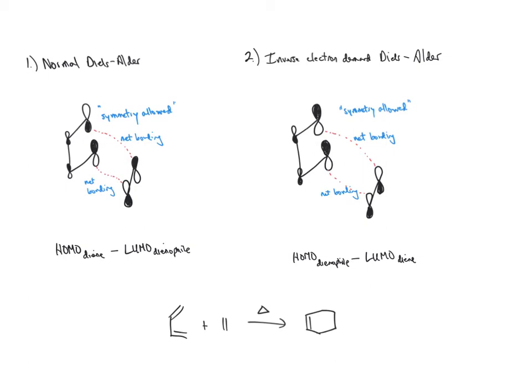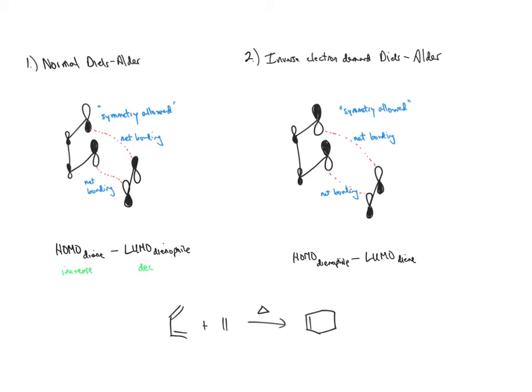So if we wanted to decrease the energy gap between the HOMO and the LUMO of a normal Diels Alder reaction, we'll probably want to increase the energy of the diene and decrease the energy of the dienophile.